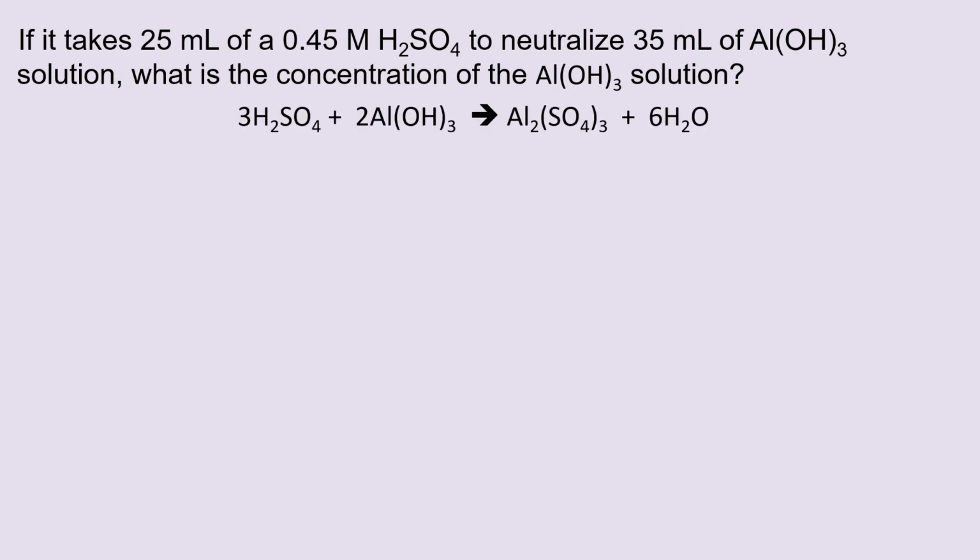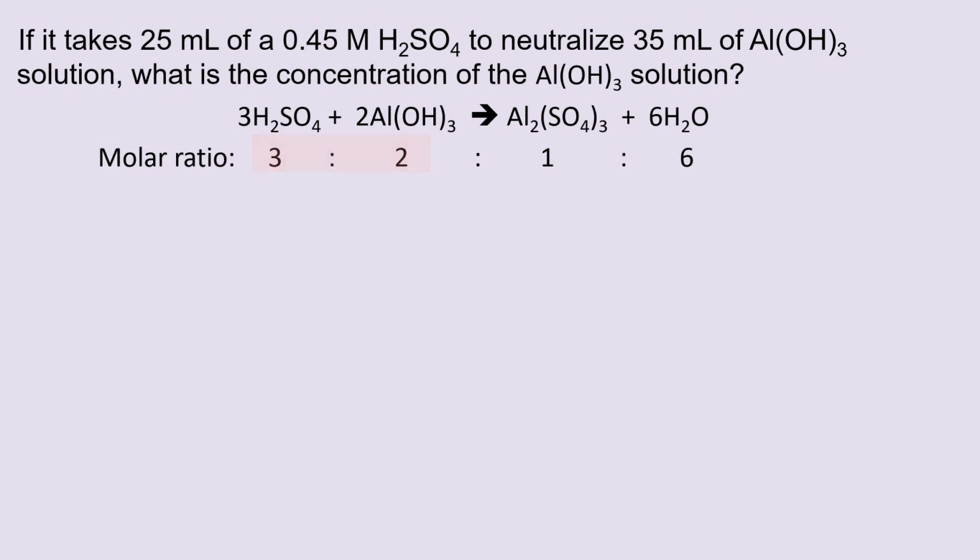The balanced chemical equation for this reaction will be 3 moles of H2SO4 plus 2 moles of Al(OH)3, aluminum hydroxide, yields 1 mole of aluminum sulfate, Al2(SO4)3, and 6 moles of water. The molar ratio will be 3 to 2 to 1 to 6.